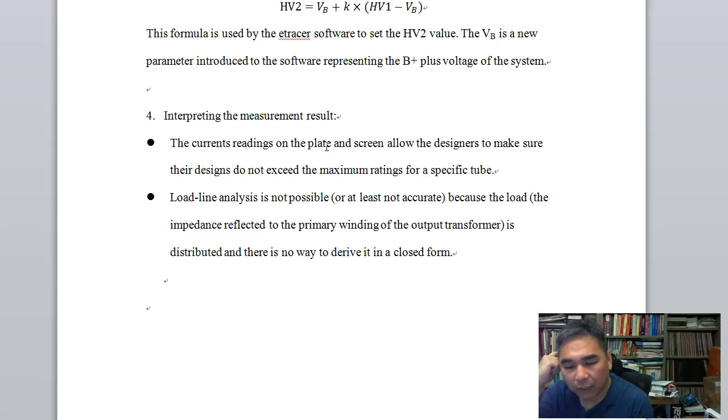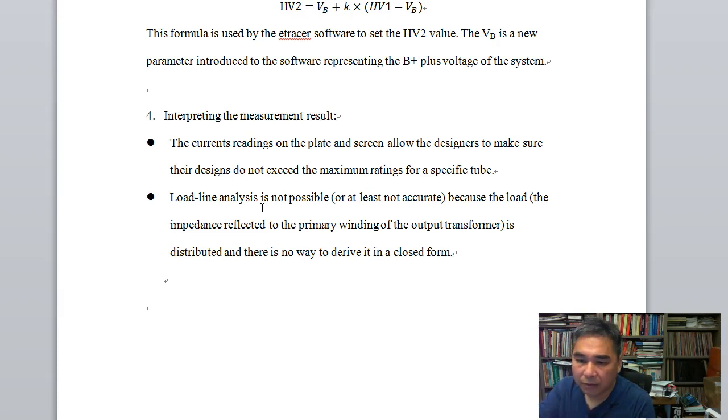However, further analysis is not possible as people might expect. People might expect to use this measured data to do a load line analysis, but I think it's not possible, or at least not accurate.